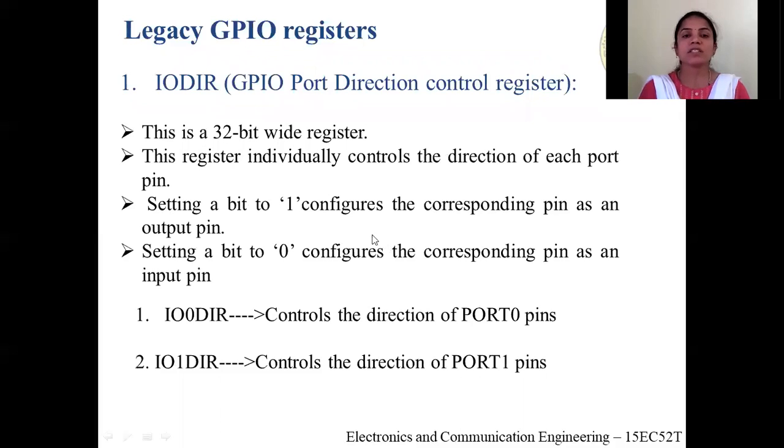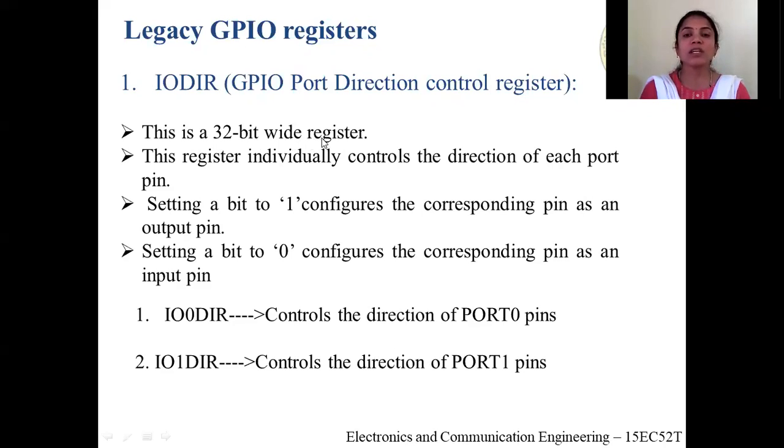The first one is IODIR in the legacy GPIO registers. That is the GPIO port direction control register. This is a 32-bit wide register because the port 0 pins are 32 pins.